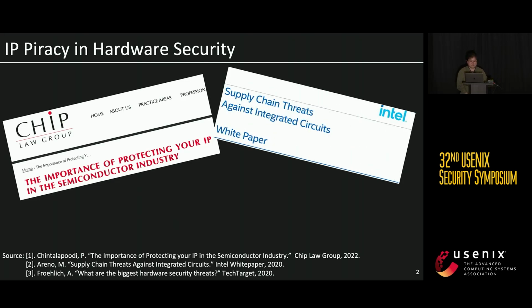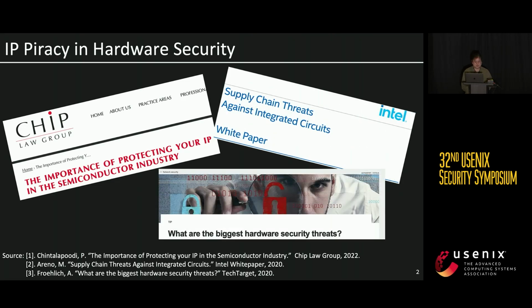There are various threats in hardware security, and they result in commercial loss in the semiconductor industry. Among various threats, there is one, which is hardware IP piracy. Untrusted entities in the IC supply chain may have access to the design's details, like the netlist structure.